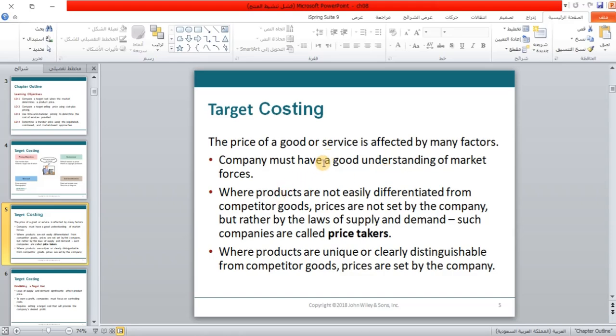Prices are not set by the company, but rather by the law of supply and demand. Such companies are called price takers. In the case of products with no differences, the price is tied to supply and demand, and the price is imposed on the company.